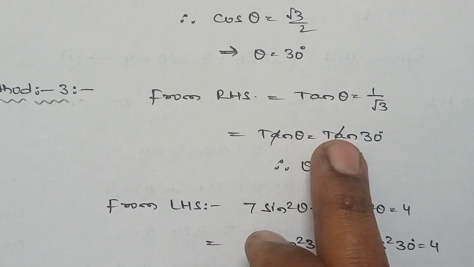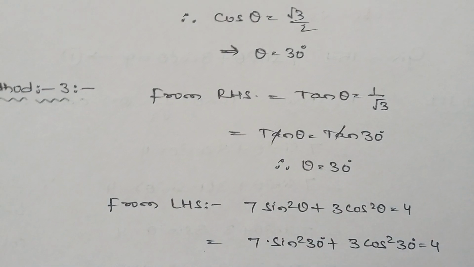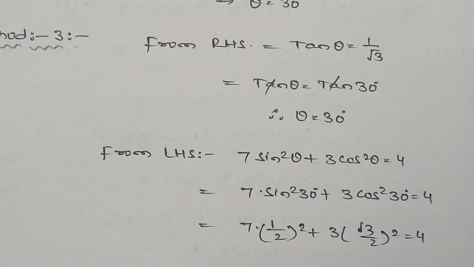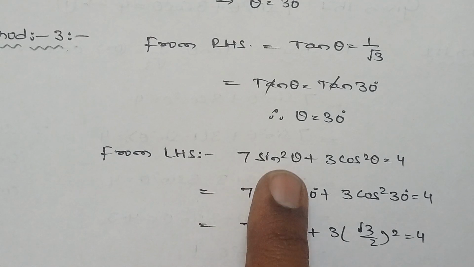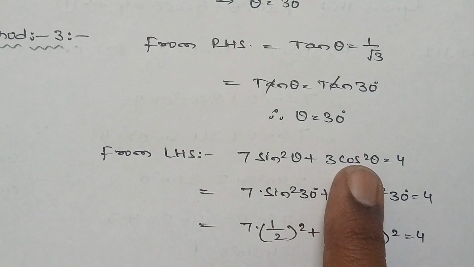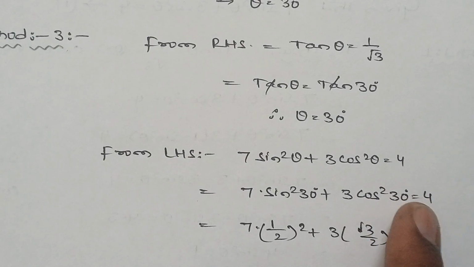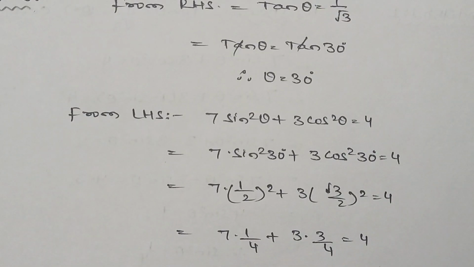Cancel tan and tan, we get theta equal to 30 degrees. Substitute the theta value in the given expression. So 7 sin square 30 plus 3 cos square 30 equal to 4. After simplifying this we should get RHS as 4. Then the statement holds, the statement is satisfied.